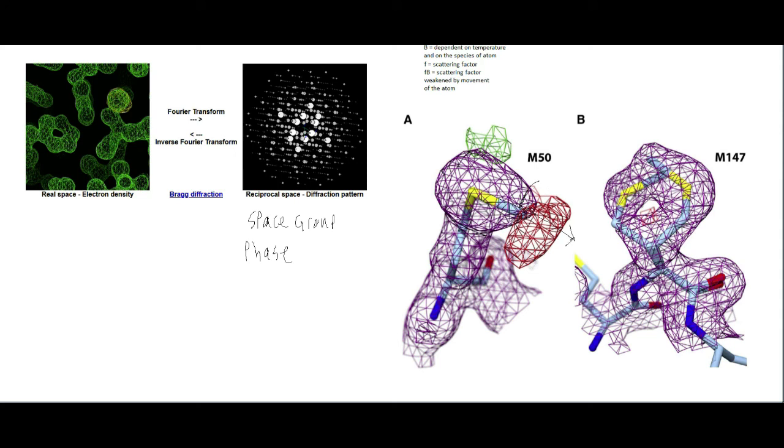And what this is saying is that we've modeled our atom here. So we're saying that we think there's electron density here, but this red is telling us our diffraction data does not show that there's electron density here, but it does show there's electron density here.